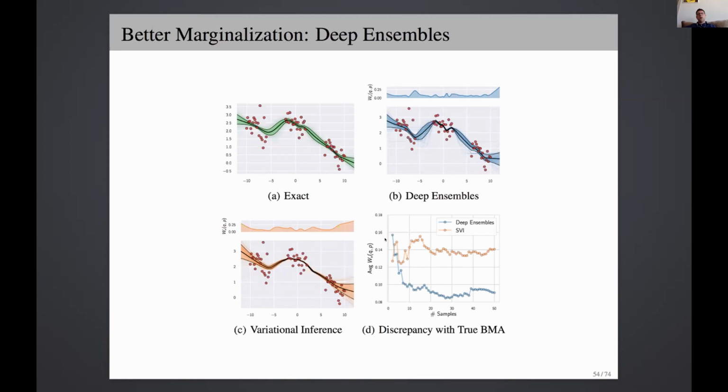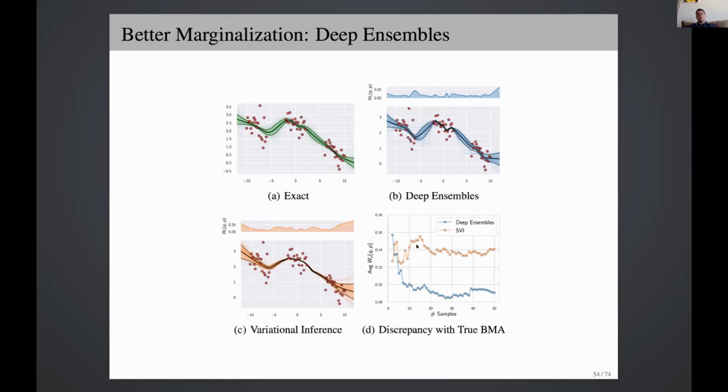We can also look at, for instance, the Wasserstein divergence between the predictive distribution in each case as a function of the number of samples that we're taking, where for deep ensembles, the number of samples is the number of independently trained models. And we see that basically the deep ensembles approach provides a predictive distribution which converges much more quickly to the true Bayesian model average as we take more samples than just taking more samples in the single basin variational procedure.